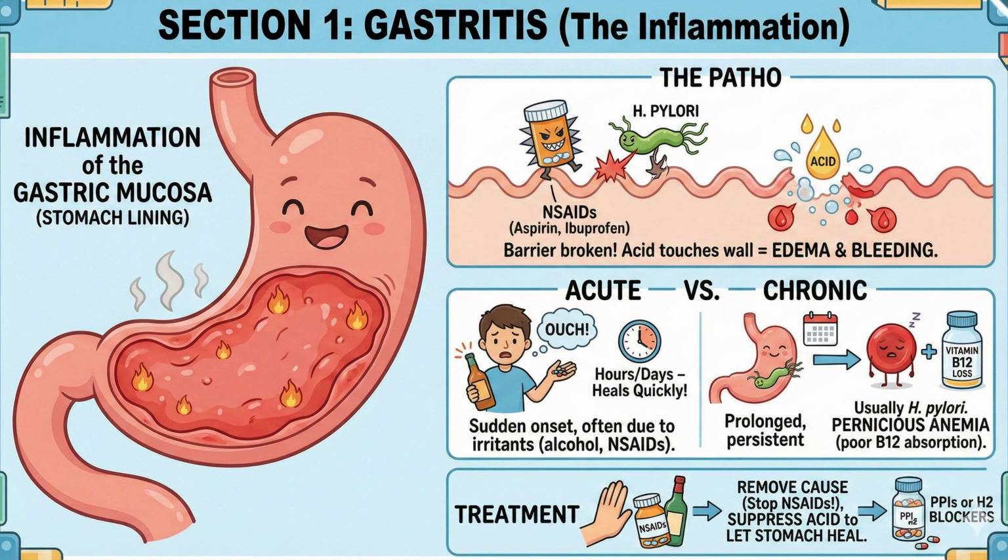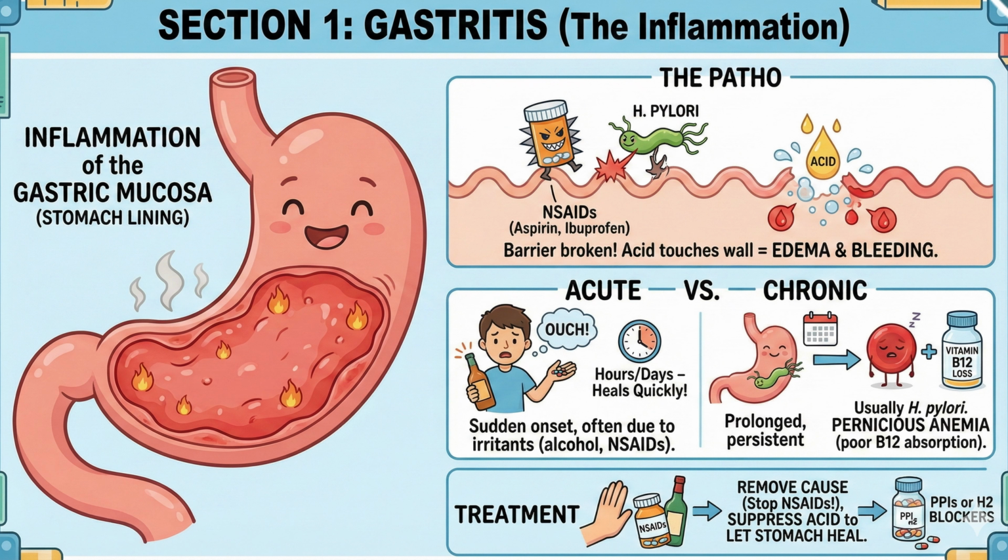When that barrier breaks, acid touches the stomach wall, causing edema and bleeding. Acute versus chronic: acute is sudden. Think of someone who drank too much alcohol or took too many NSAIDs. It hurts, but it heals quickly.